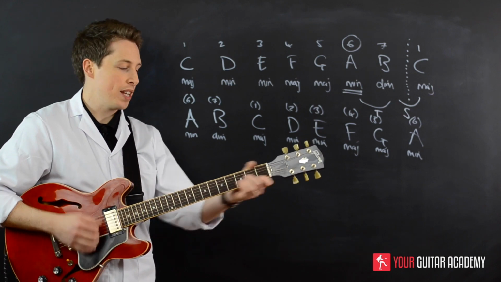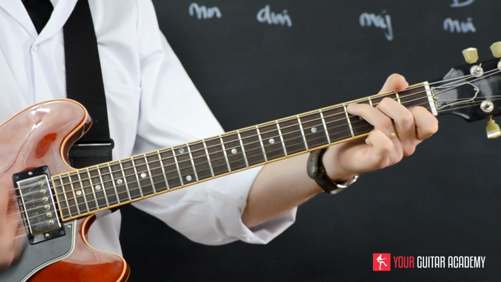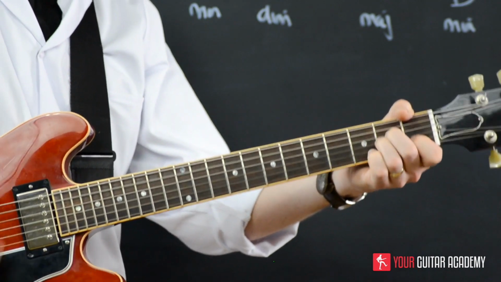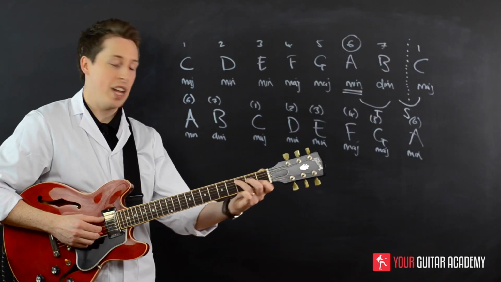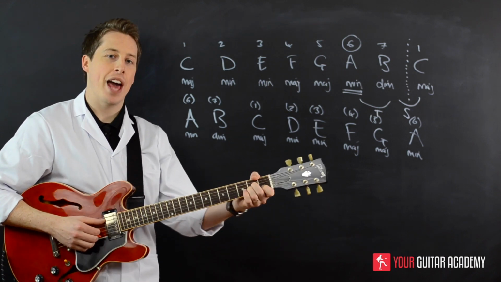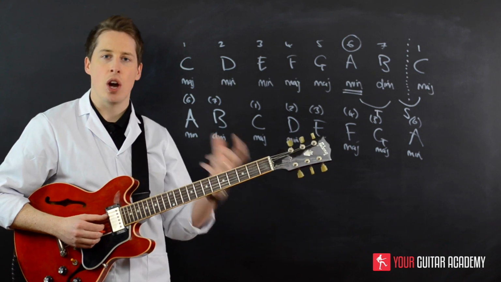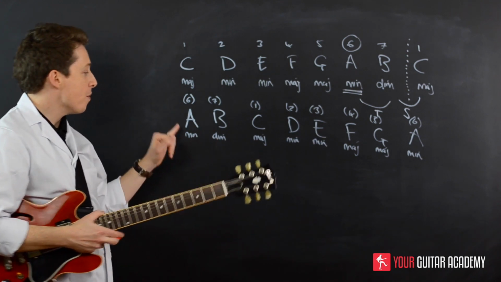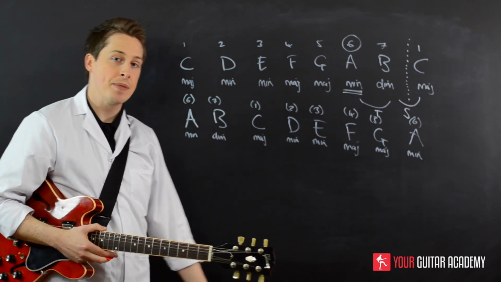However, what if the song went like this? Now, in this song, I've got A minor, C, and E minor, all chords within the C major, but because I start and end on A minor, it really makes that sound like it's the tonal center. It makes the A minor sound like it's the resolve, and therefore, I'm going to say that I'm in the key of A minor.